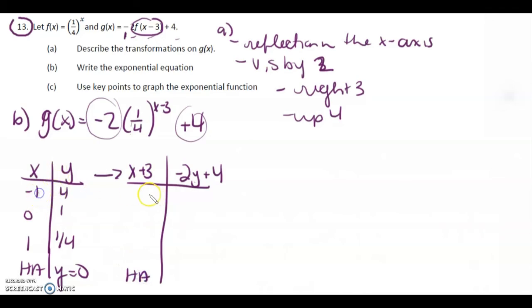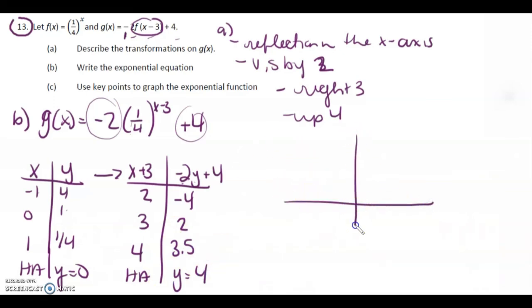Okay, negative 1 plus 3, 0 plus 3, 1 plus 3. Now, negative 2 times 4 is negative 8, plus 4 is negative 4. Negative 2 plus 4 is 2. And then negative 2 times a quarter is negative a half, plus 4 is 3.5. Okay, horizontal asymptote y equals 4.